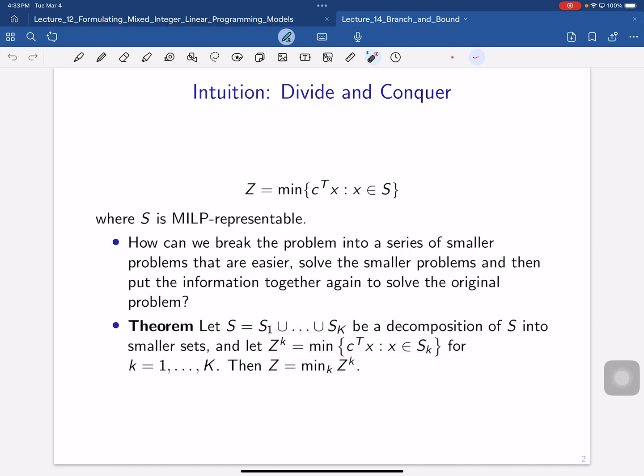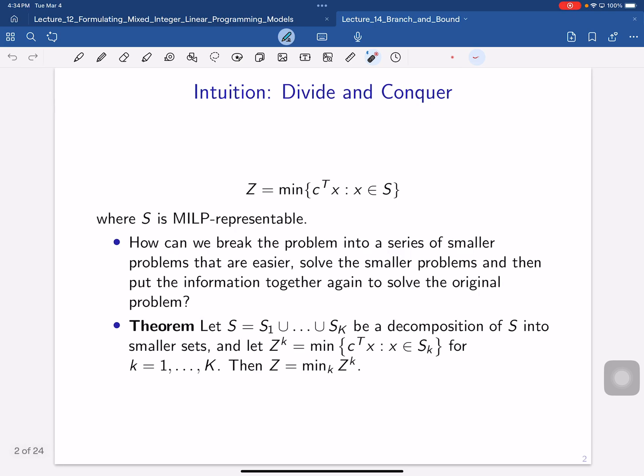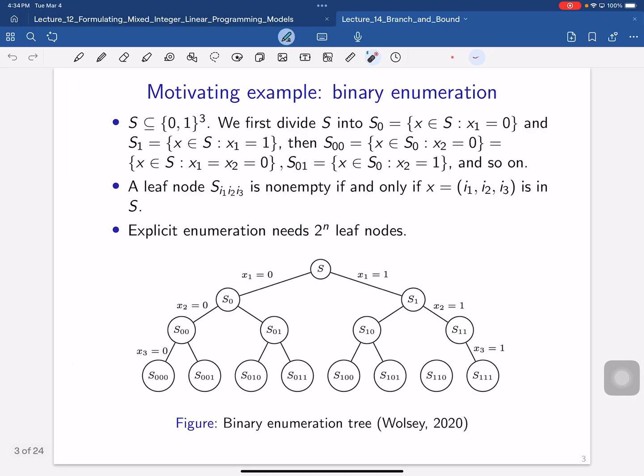Since you are solving a minimization problem and you partition the set into different subsets, for each subset you get an objective value, and the minimum is obtained at the minimum over all k. It is just a very simple decomposition of the feasible region. You divide the feasible region into subsets, solve each subset separately, and the best solution is obtained at the subset with the minimum value. This is a trivial thing to do.